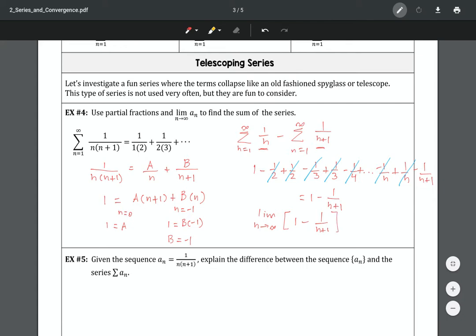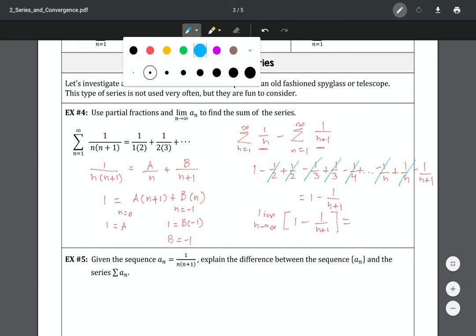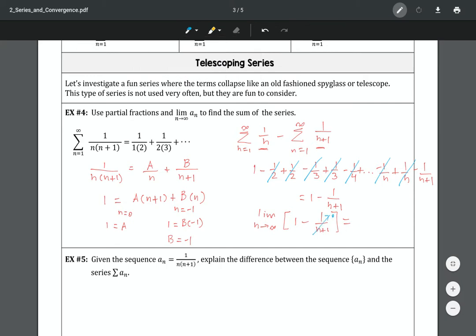And obviously, if you take the limit as n goes to infinity of 1 over n plus 1, this would go to 0, and you would end up with 1. Okay?